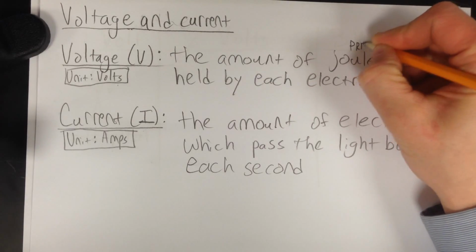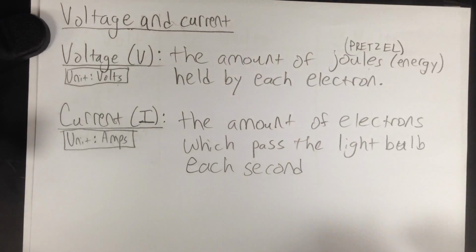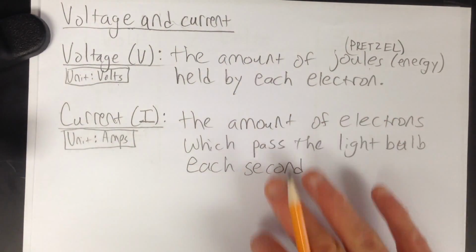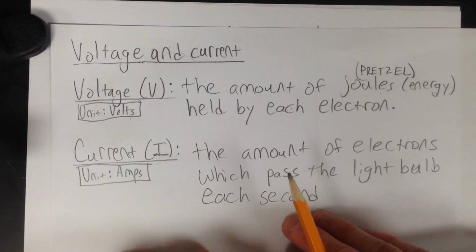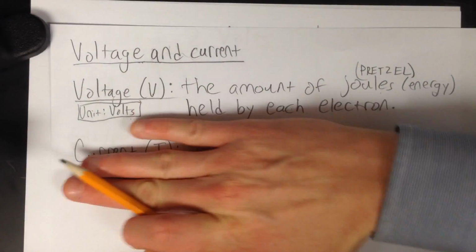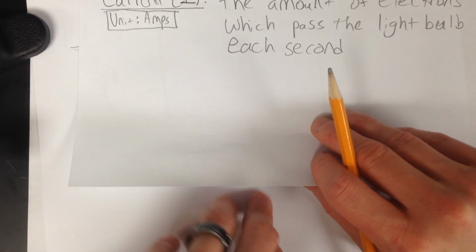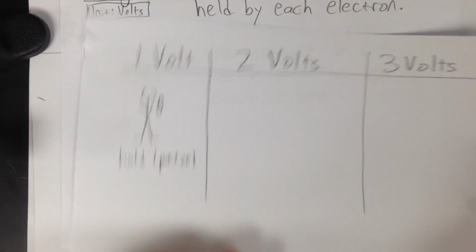You can write that down. Remember, 1 pretzel was 1 joule of energy. It's the amount of those that are held by each electron. And under voltage, why don't you draw yourself a little diagram here. Before you even write down current, just draw yourself this little diagram under voltage.